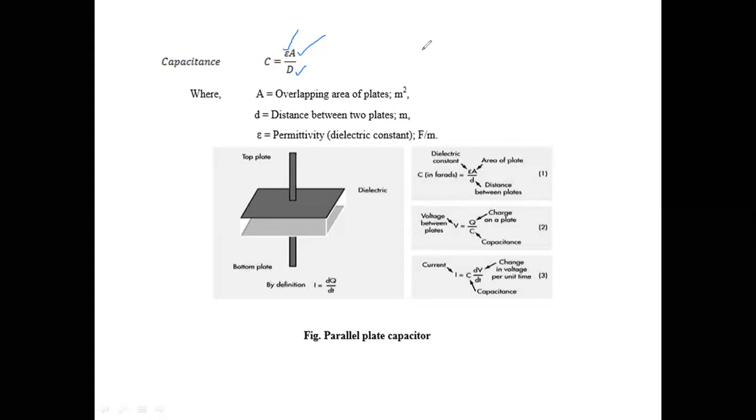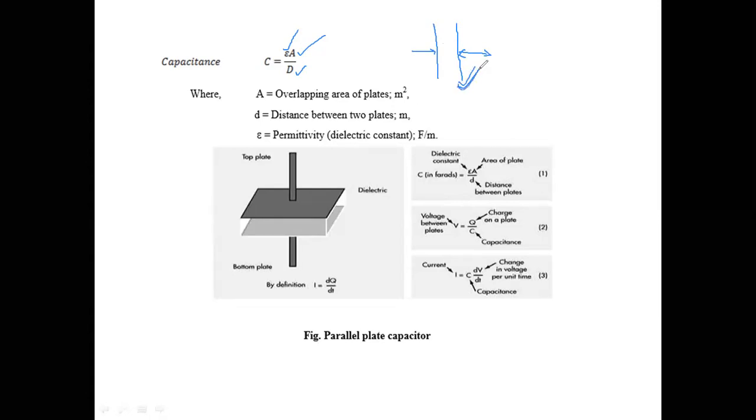Okay, let us suppose I want to measure displacement. This is a fixed plate and this is a movable plate. For example, I want to measure displacement, so I am giving displacement to this movable plate.